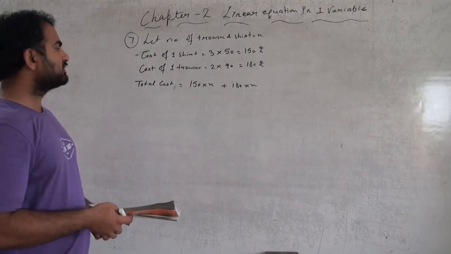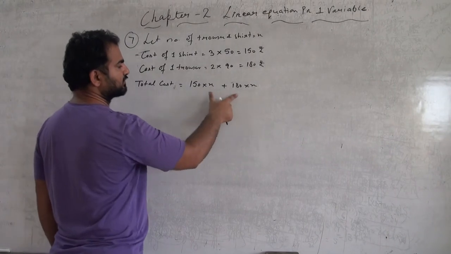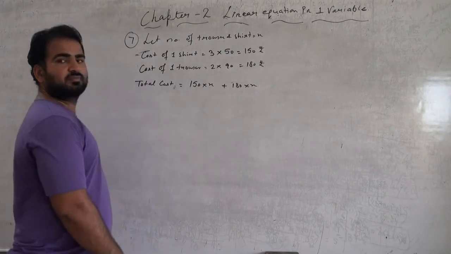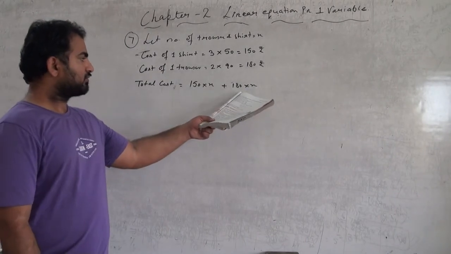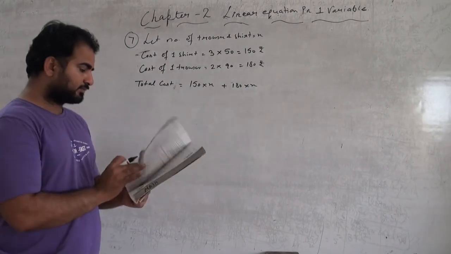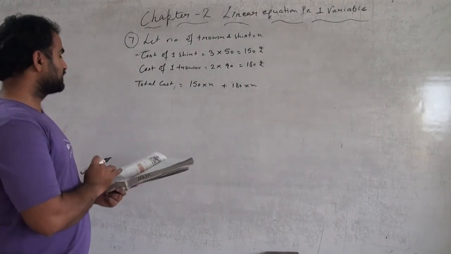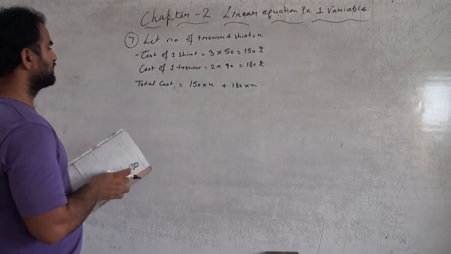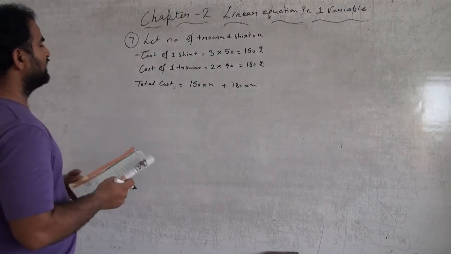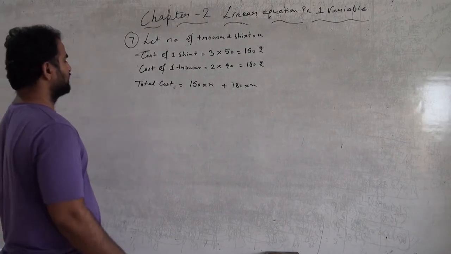We got 12% profit on shirt and 10% profit on trousers. So what we have to do is add the profits in the total.